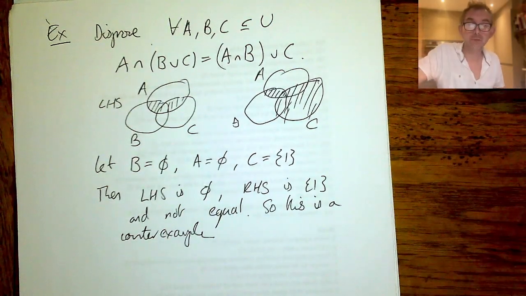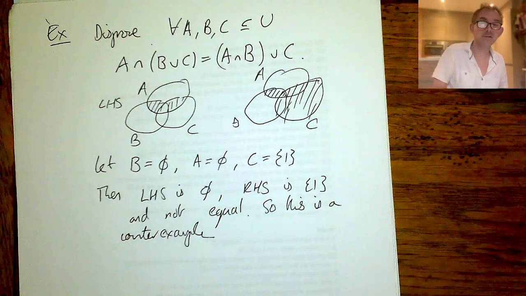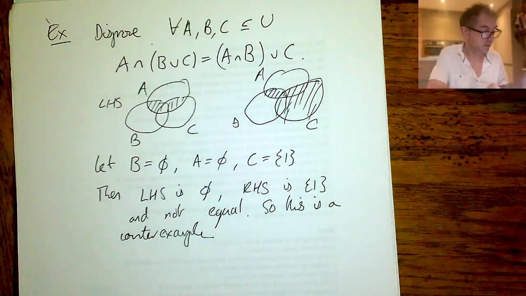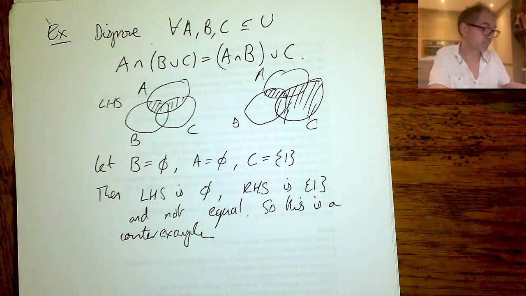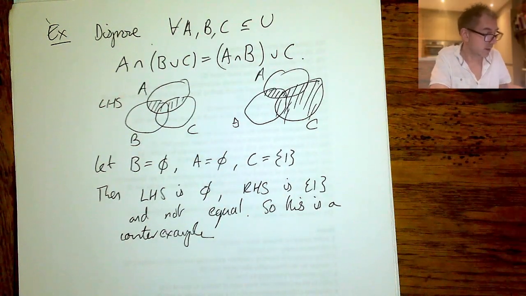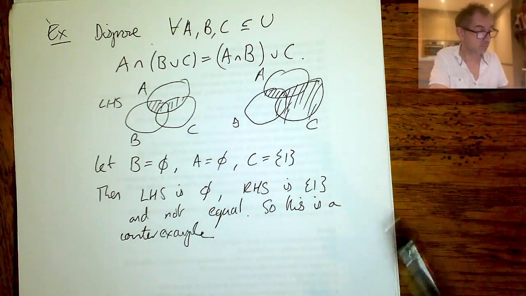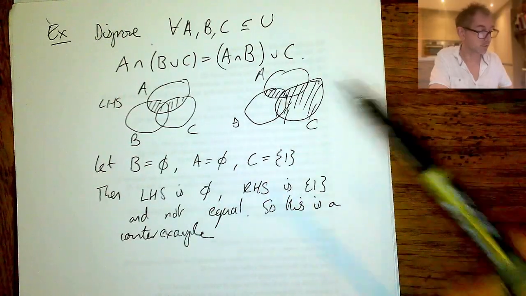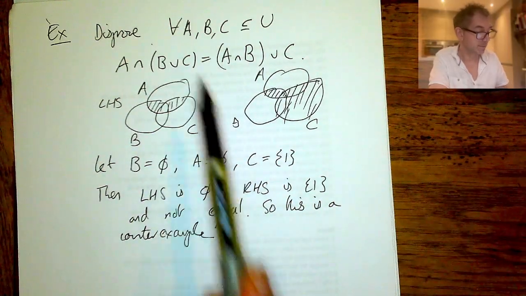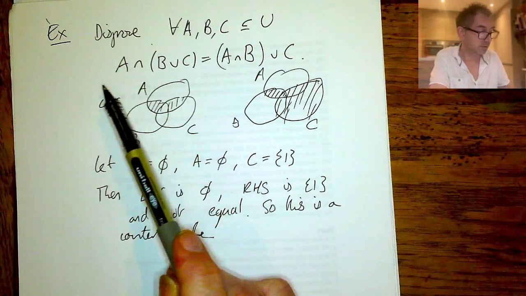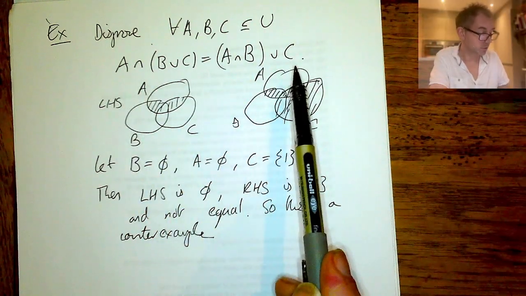Now, if you ever have to give a counterexample, you want to give the simplest one you can think of, but you can give anything you like, as long as it is something that refutes the statement that you're trying to make. So we started with for all A, B, C of a certain form, something is true.